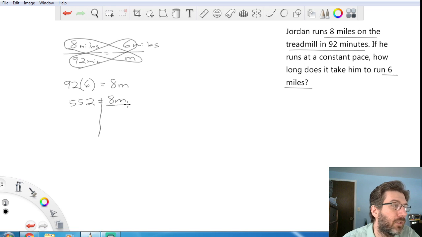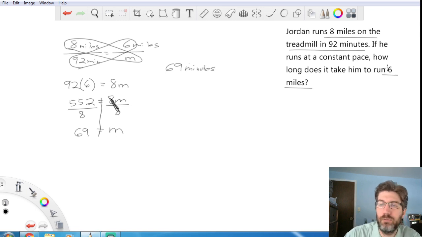I want to get m by itself, so I want to divide by 8 here and divide by 8 here. So 552 divided by 8 gives you 69, and 8 divided by 8 gives you 1. 1 times m is just m. So here, your answer should be 69 minutes.